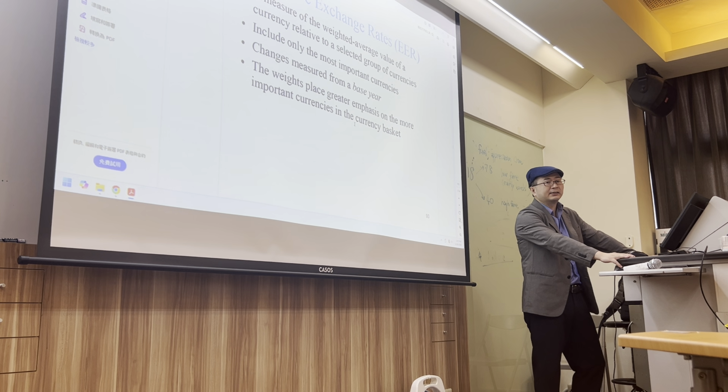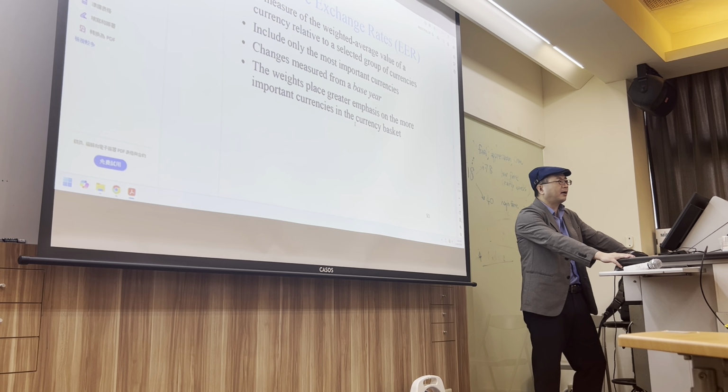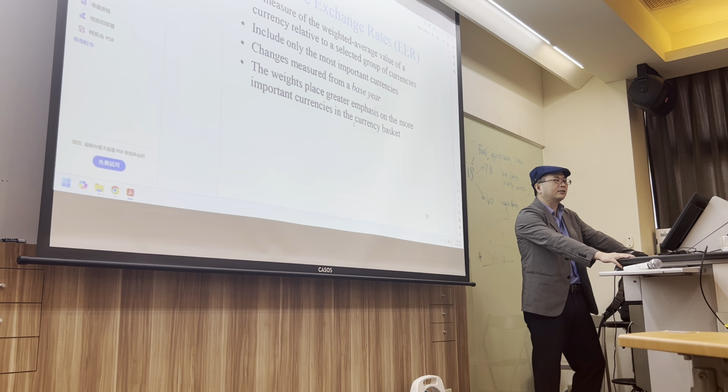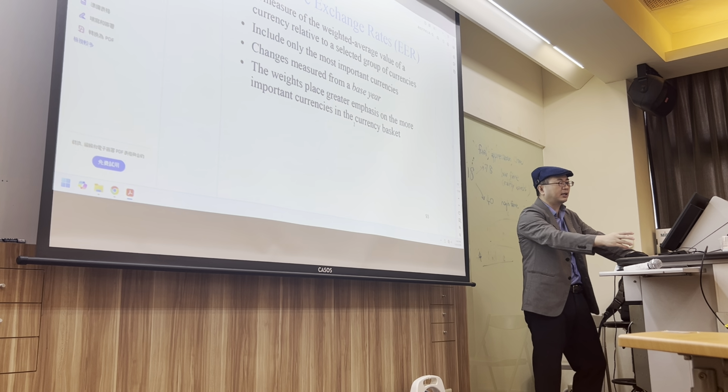And basically, it's a measure of the weighted average value of a currency relative to a selected group of currencies, okay? That's because when we try to understand or measure the value of Taiwanese currency versus other currencies, we have to have a group or basket of the currencies, okay?